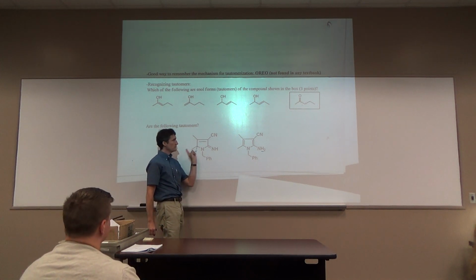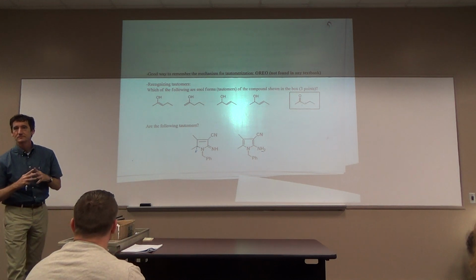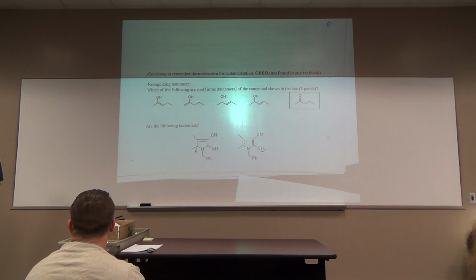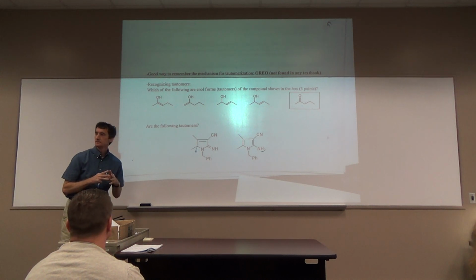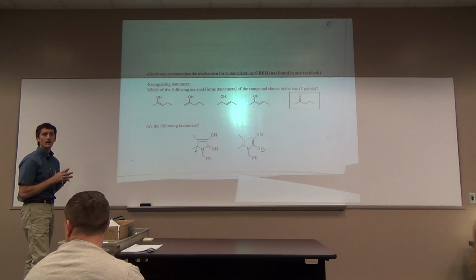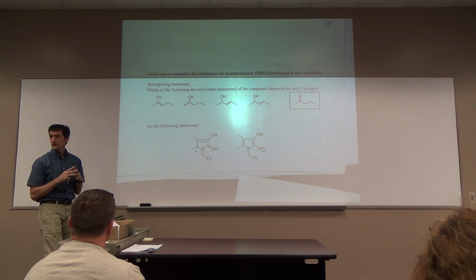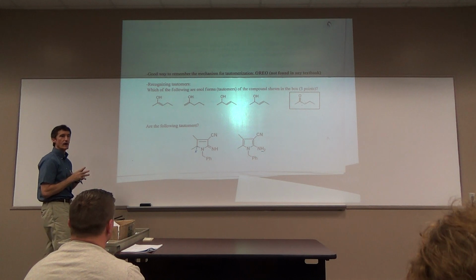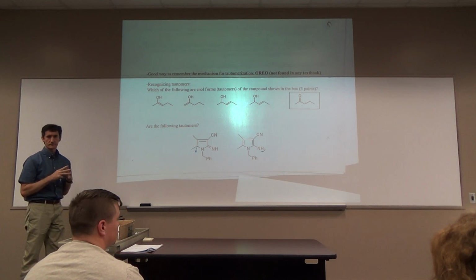Could you show a mechanism in going between the two? Sure. Under acidic conditions, what would you do first? So you would take a proton off. Under acidic conditions, you typically put protons on.